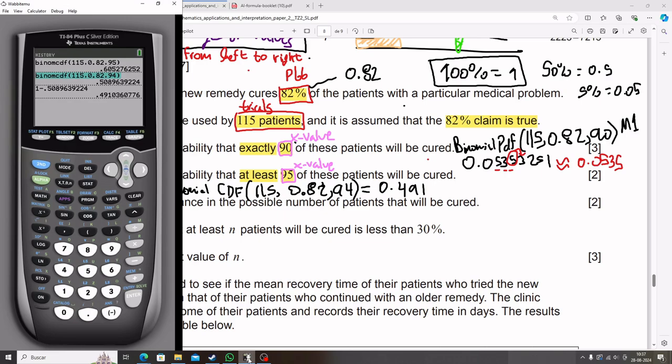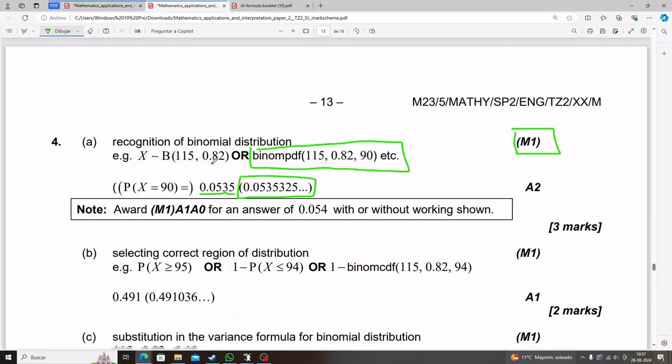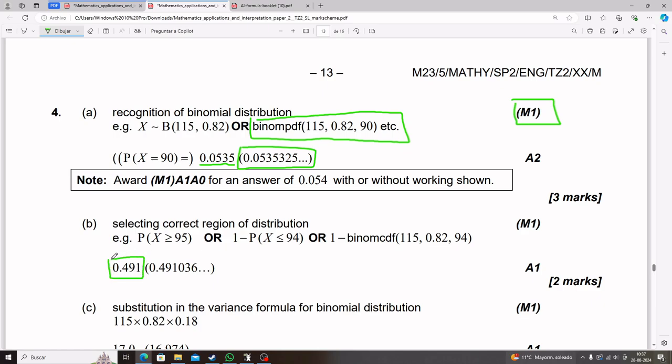Significant figures, you can leave it just like that. See? And if you go to the answer key, there it is, 0.491. Notice you have to do 1 minus that 94.